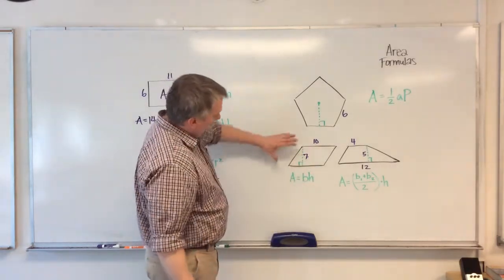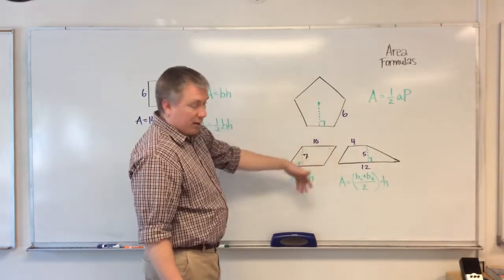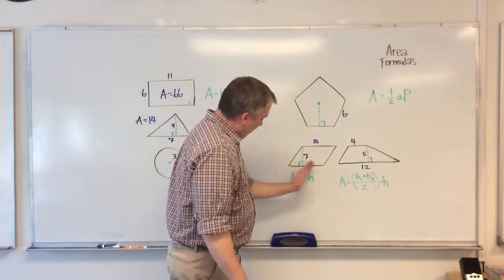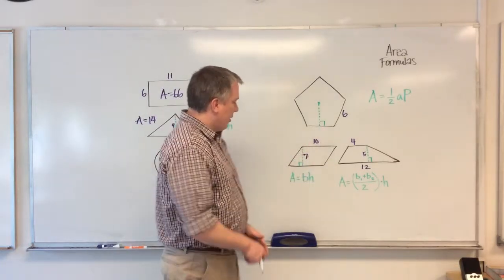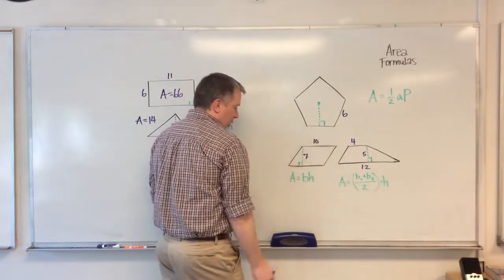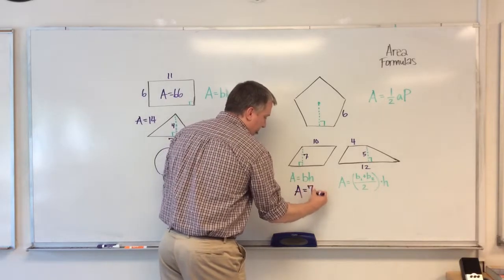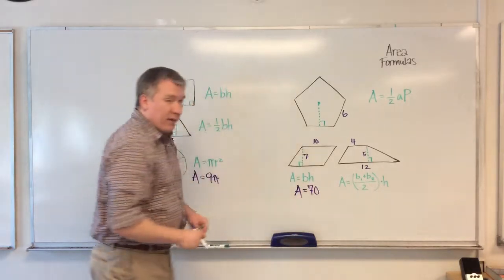So I could call this the base, but then I would have to find a perpendicular line to the other side. In this case, it's really easy. Here's my base, perpendicular up to that. So my base is 10, because remember that the opposite sides of the parallelogram are the same, and my height is 7. So you multiply those together, and you get an area of 70.